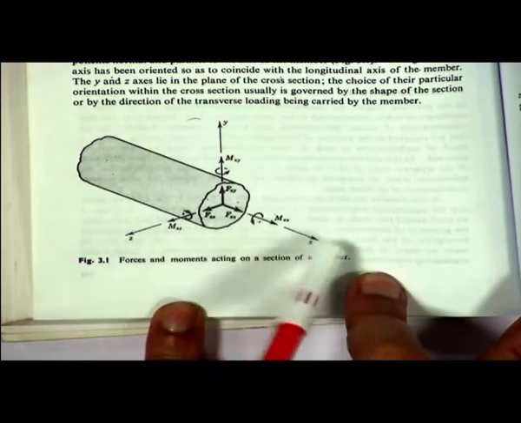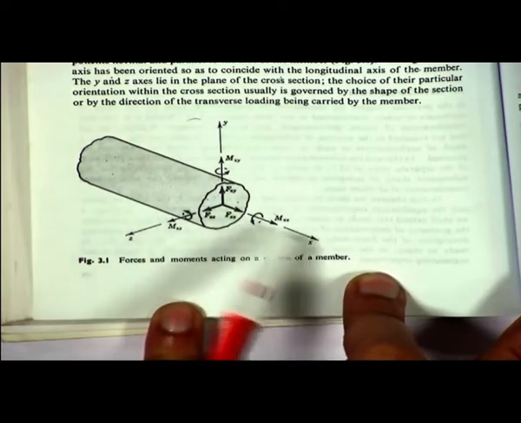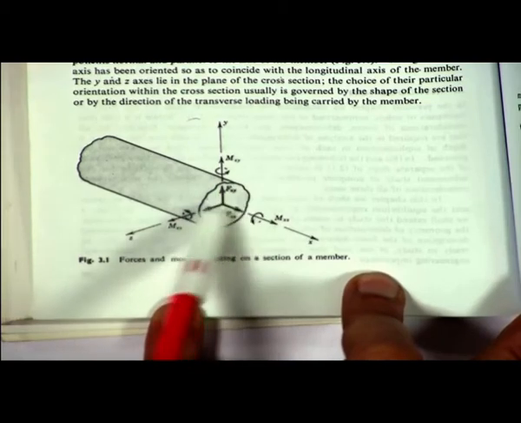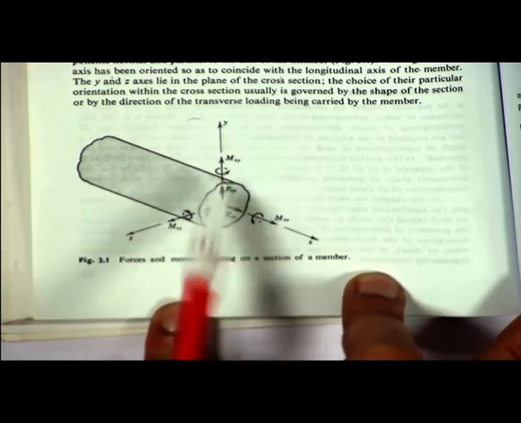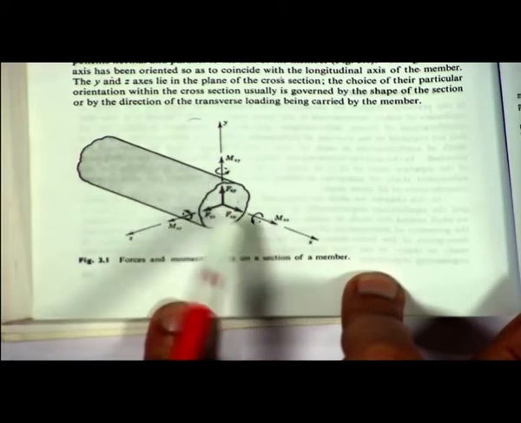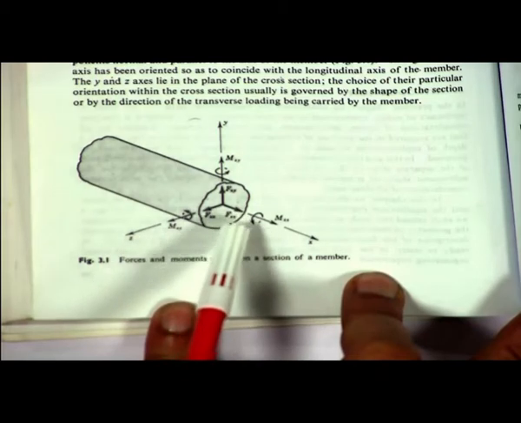Here are the normal forces and here are the two shearing forces. The moments about this axis, this axis, and this axis are shown. This is how a slender member in its cross section is subjected to different stress resultants.